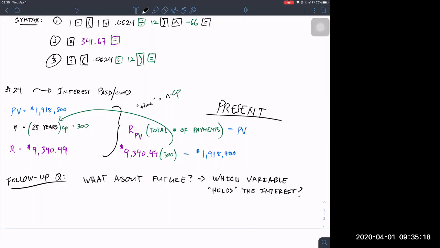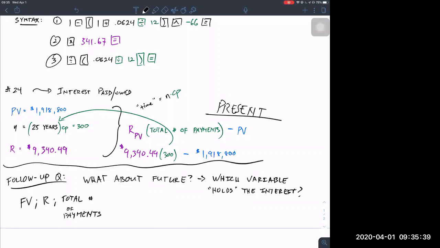And your options to choose from are the future value, the R, and total number of payments. So just like on top right here, there's three components: present value, N, or in other words, the total number of payments, and then the recurring payment. What about future? Which variable holds the interest?